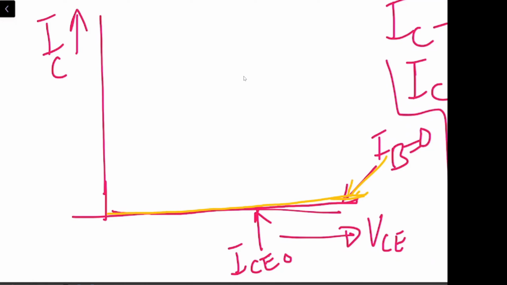So it will be something greater than what we have seen in the common base configuration, right? So now this is basically the value which we are going to see.